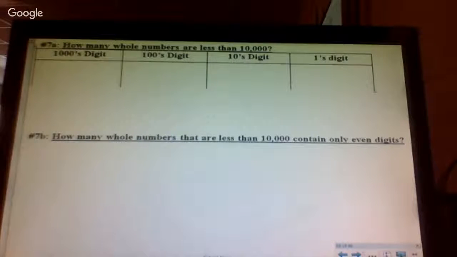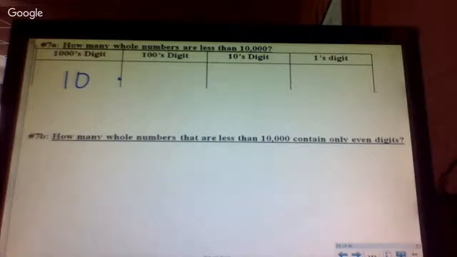How many whole numbers are less than 10,000? If we are less than 10,000, that means we are a 4-digit number. Remember, if you're less than 10,000, the highest you can be is 9,999. So my first digit, my thousands digit. How many options do I have to fill that slot? 10. It can be anywhere from 0 to 9. I have a hundreds digit.